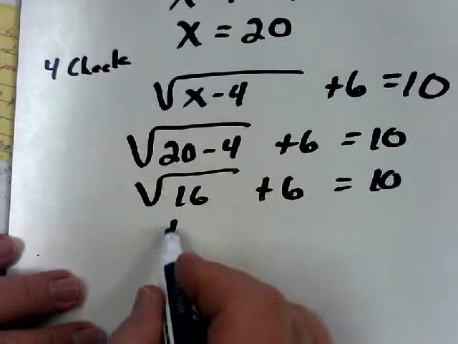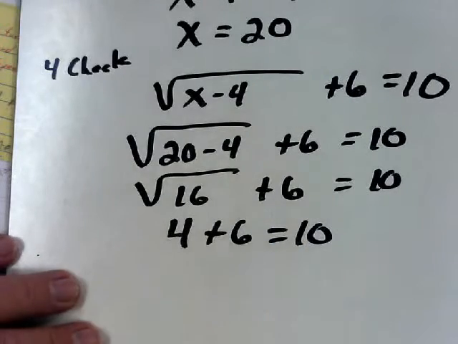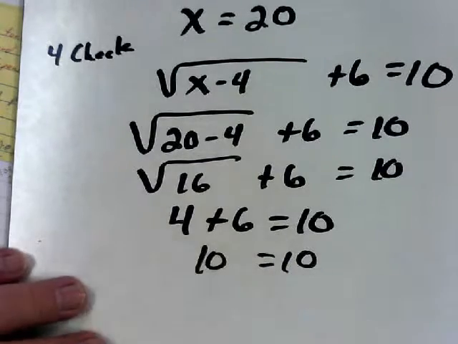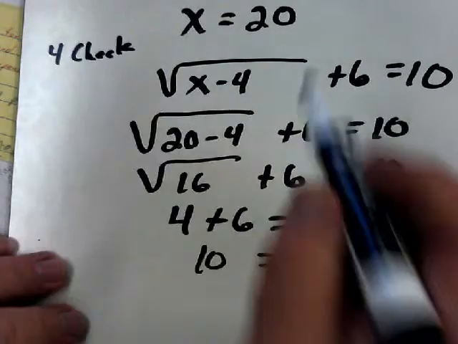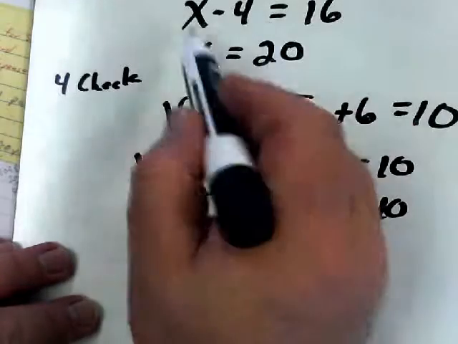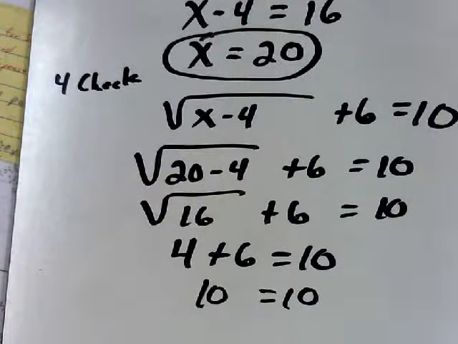So you said the square root of 16 is 4 plus 6 equals 10. Does 10 equal 10? Yeah. So was the x equals 20 a root? Yes. So that is my answer. Okay?